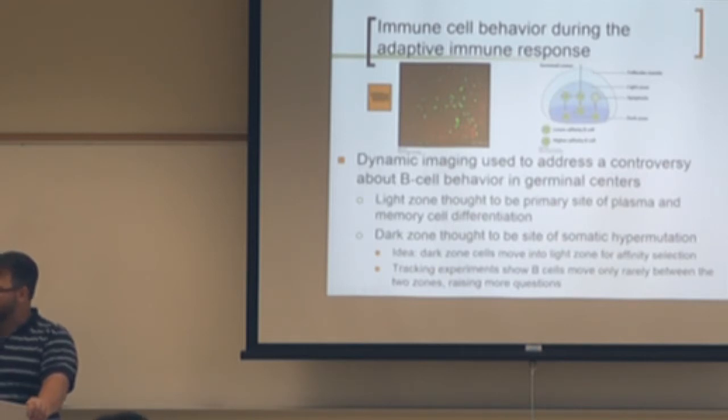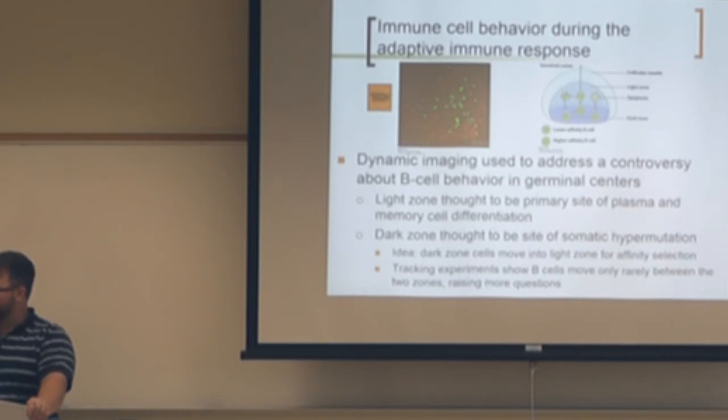So then here you have dynamic imaging looking at activated B cells in germinal centers, and here's where you actually get more questions than answers, because when they looked at this, they were saying, well, we associated dark zones with cells that were undergoing hypermutation, and then the lighter zones we associated with cells that were becoming plasma cells.